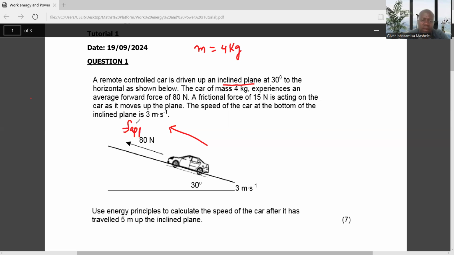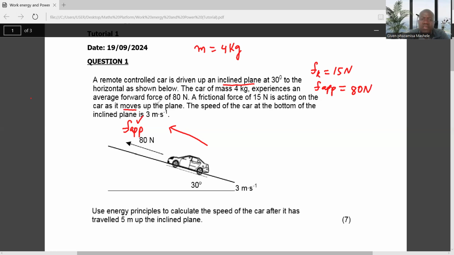Then a frictional force of 15 Newton is acting on the car as it moves. So this frictional force, we're going to call it a kinetic frictional force, has a magnitude of 15 Newton. And we also have an applied force that has a magnitude of 80 Newton. So this is what we are actually given.